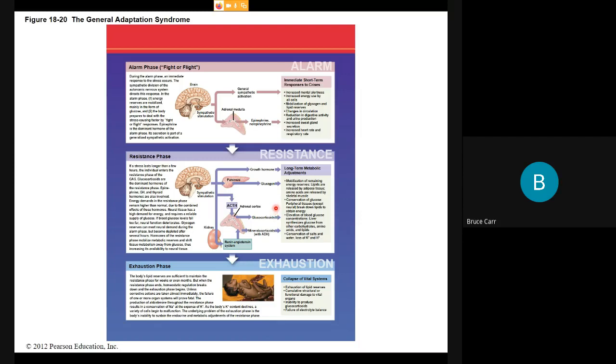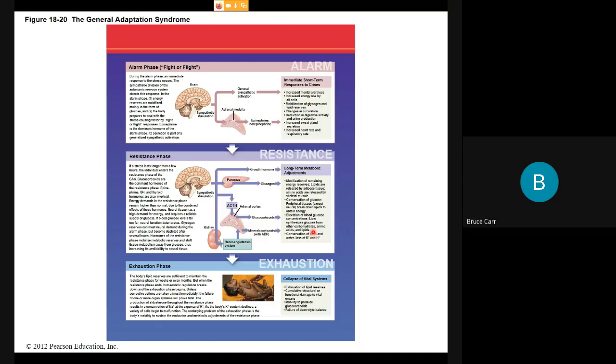Glucose is conserved. Peripheral tissues begin to break down lipids to obtain energy. Blood glucose concentrations elevate. Liver synthesizes glucose in greater amounts and from other carbohydrates, from amino acids, and from lipids.